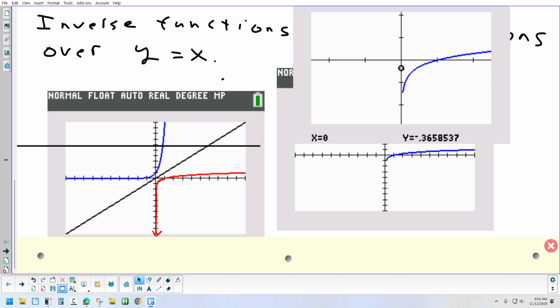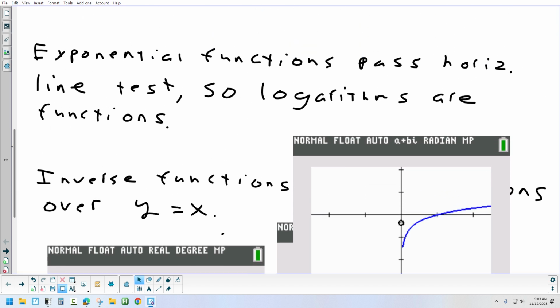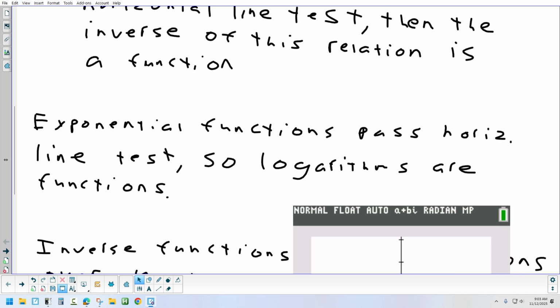So if the blue graph passes the horizontal line test, what does that mean about the red graph? Yeah? It's a function, right? The blue graph passes the horizontal line test. The red graph is the inverse of that. It means the red graph passes the vertical line test, and it is a function. So logarithms are functions. What that means is for every value of x you plug in, you will get a unique answer for y.